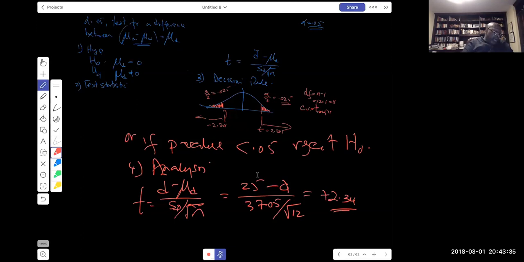And so our conclusion will be that we have enough evidence of a difference between the mean math scores and the writing scores.